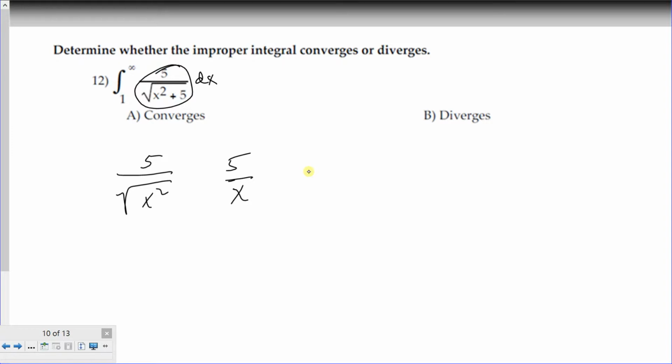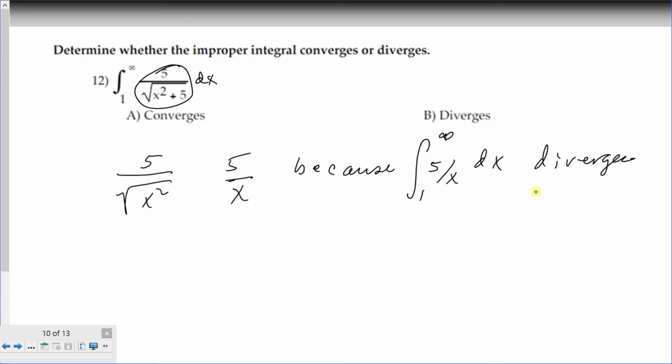Because the integral of 5 over x dx from 1 to infinity diverges, it's p equals 1, then this must also diverge.